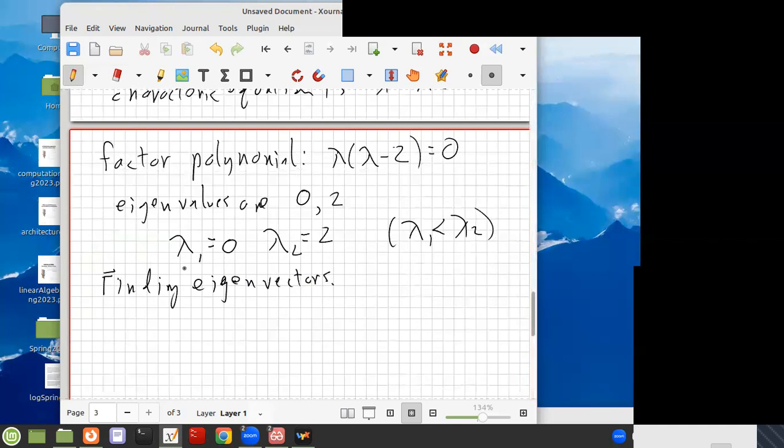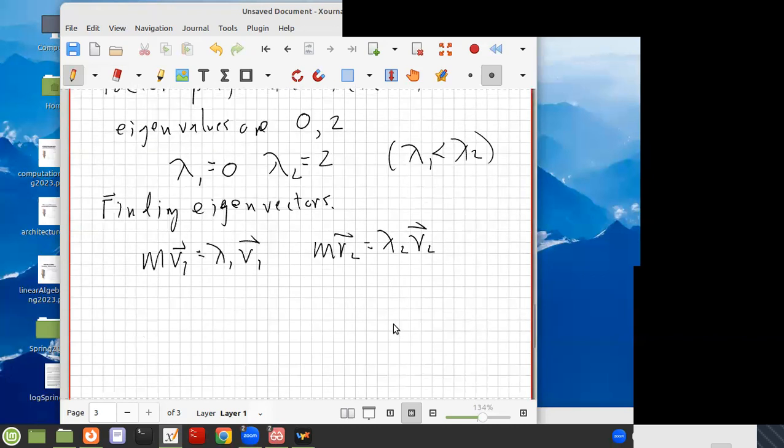Okay, well, we go back to the original equation and say, m times v1 equals lambda 1 times v1, and m times v2 equals lambda 2 times v2. Okay?